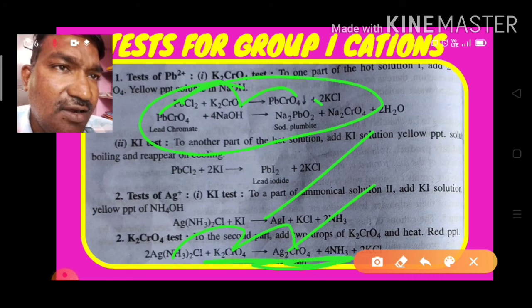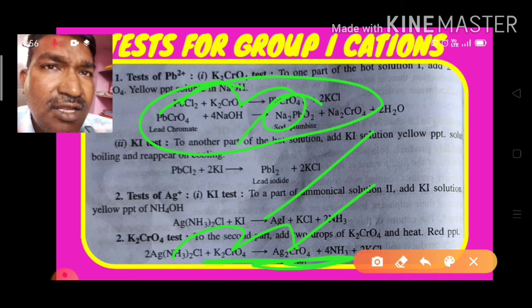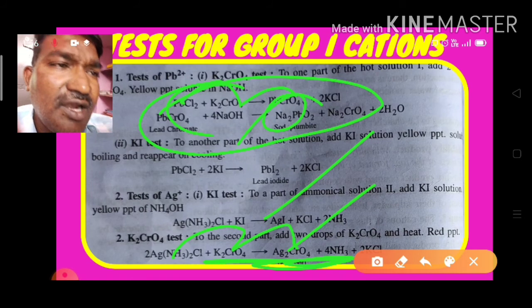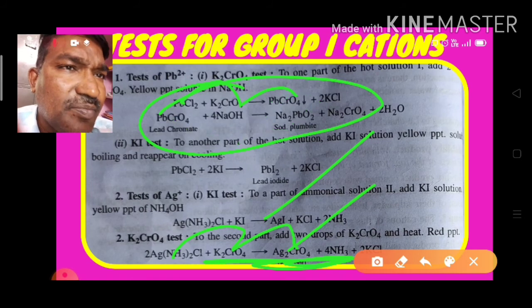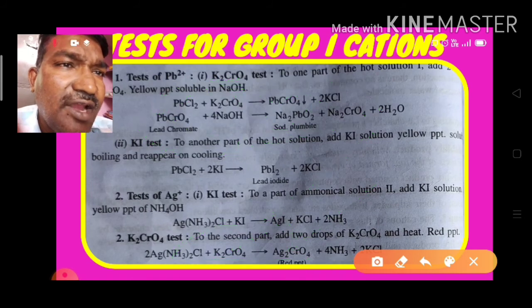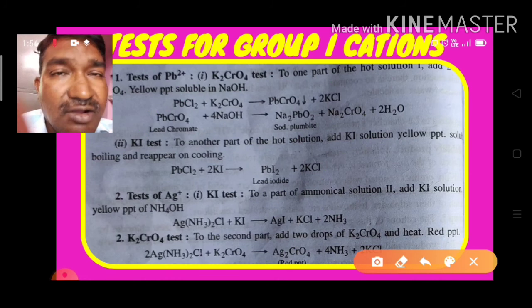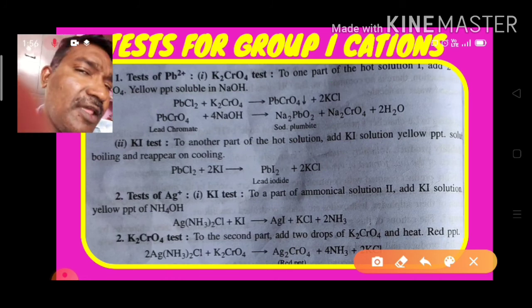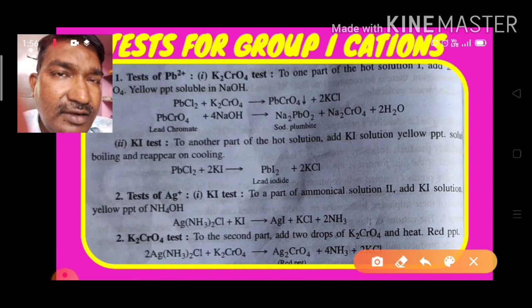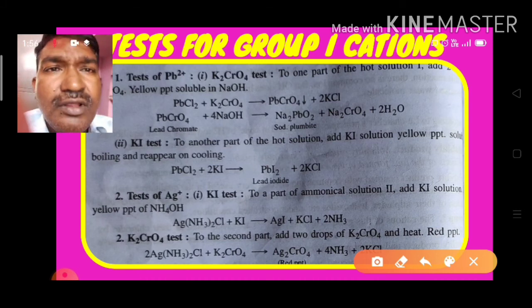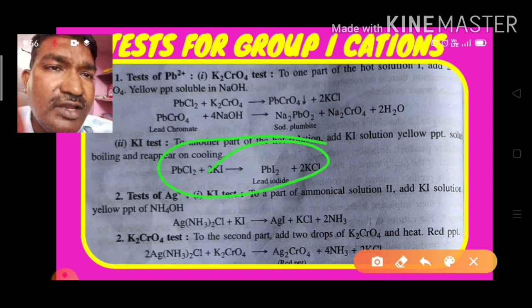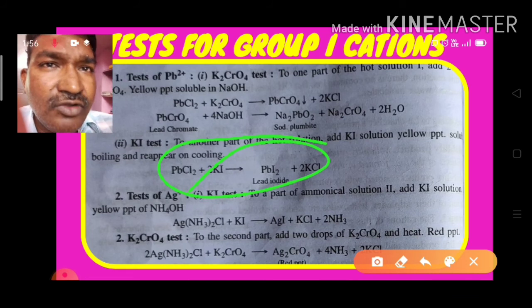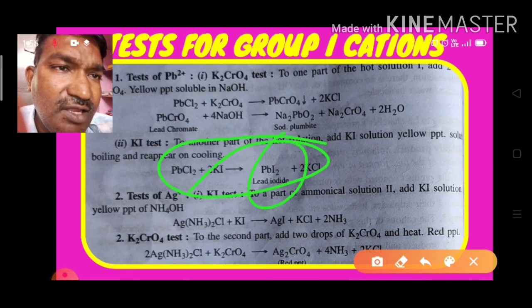Red color, yellow color. And the yellow color precipitate formed by lead dissolves in sodium hydroxide. That confirms the presence of lead in the given salt mixture. Then we discuss the potassium iodide test related to lead. Here we get the yellow color precipitate.